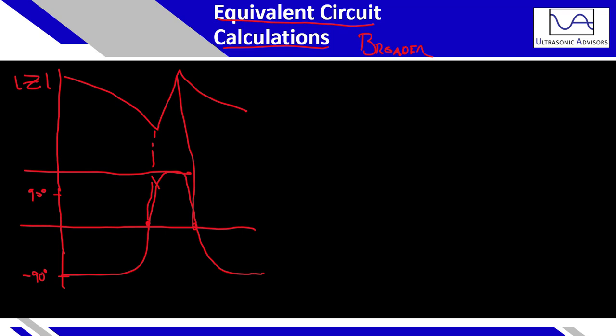Now we have our equivalent circuit, and we have multiple unknowns. We have 1, 2, 3, 4 unknown components.